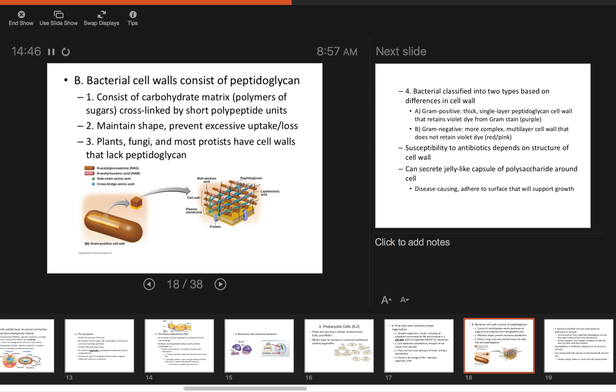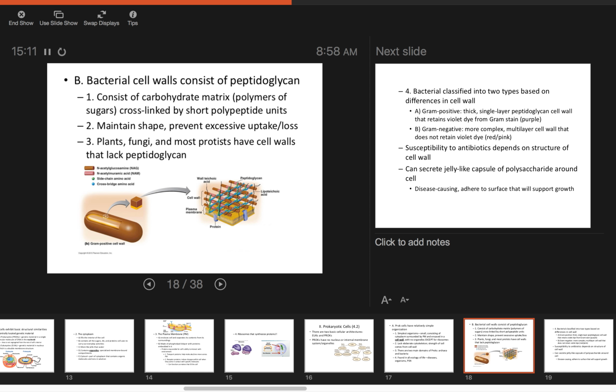Okay, so it's a carb-protein cell wall. It helps maintain shape and prevent excessive uptake and loss of water, because a bacterium's environment can change very rapidly. They don't want water rushing in and causing it to explode, or water leaving the cell causing it to dehydrate. Plants, fungi, and most protists have cell walls, but they don't have peptidoglycan.